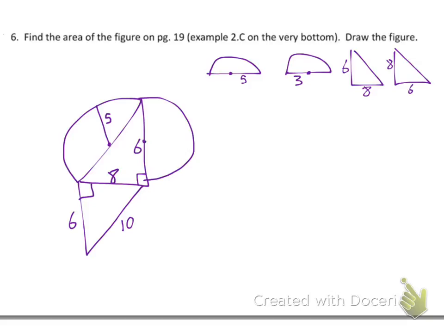So, using the formula, pi r squared divided by 2, right? Pi r squared divided by 2. Triangle? What is it? 1/2 base times height. There's my formulas. Figure them all out. Add them up.